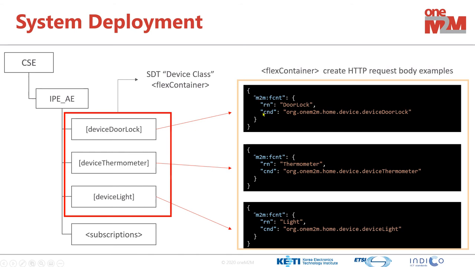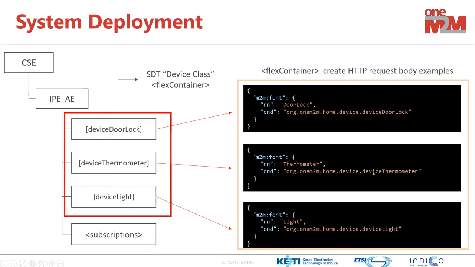I think the CND, which stands for container definition, is really important because this is the indicator of what kind of specialization of the flex container this container is. For example, this is the oneM2M home device as the door lock, and for the device representation in flex container, we use the flex container in the object.